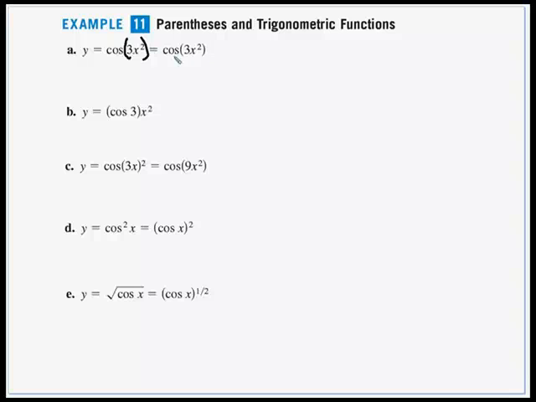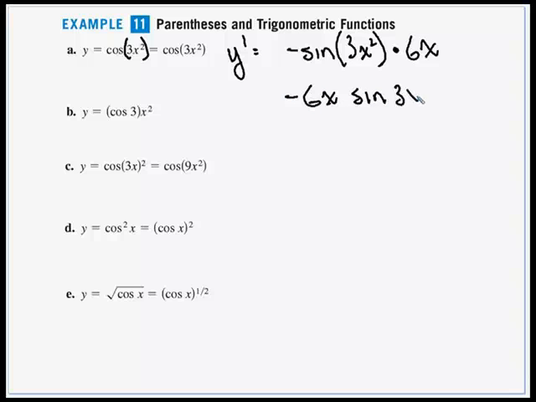So let's see here, the derivative of cosine is, this is going to be y prime, negative sine of the exact same quantity, 3x squared, times that inner function's derivative. The derivative of 3x squared is 6x. And then we'll put that 6x out front of the negative sign. Negative 6x times the sine of 3x squared.